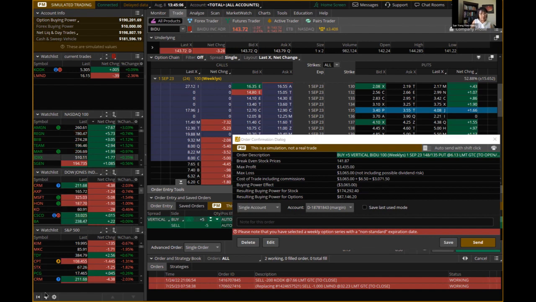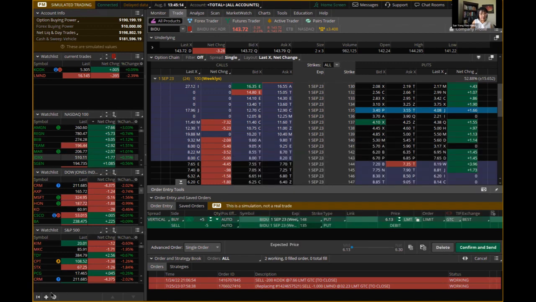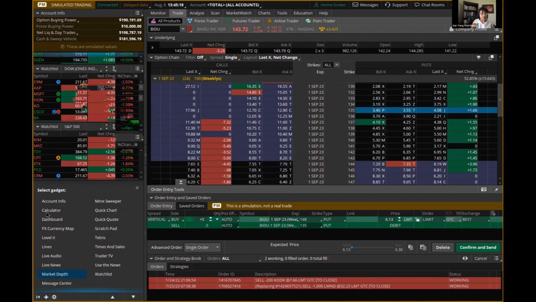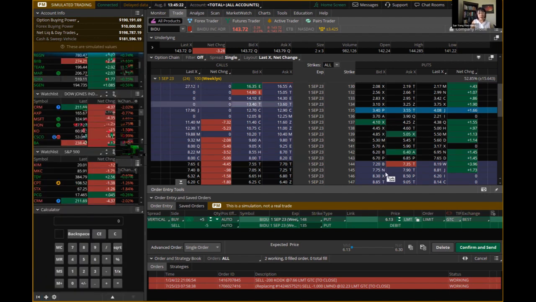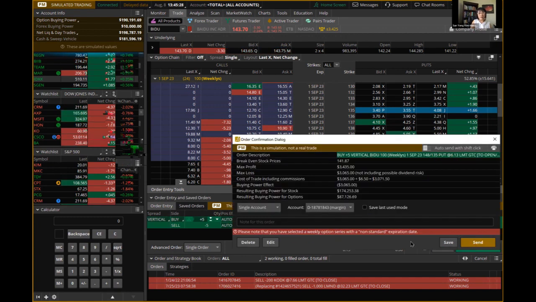So I'll pull up a calculator here. I guess I have to edit this. Okay. And pull up a calculator right in here. Okay. So you take 143.70 and 141.87. See how much the difference is between current market and break even.